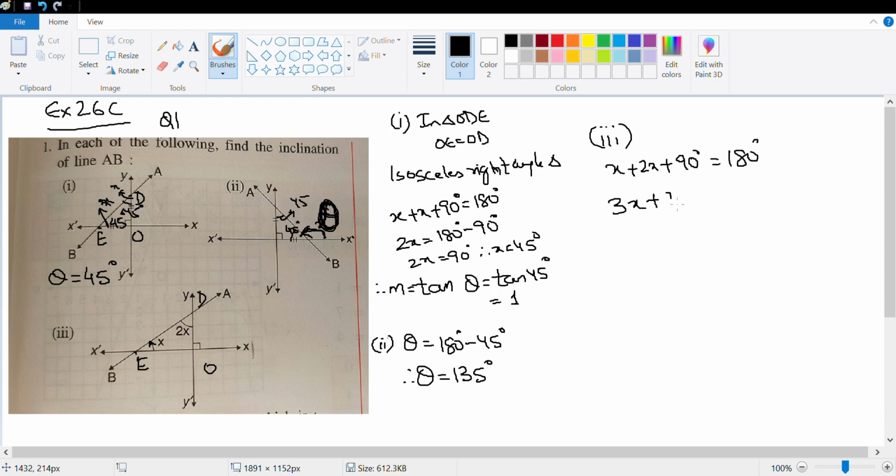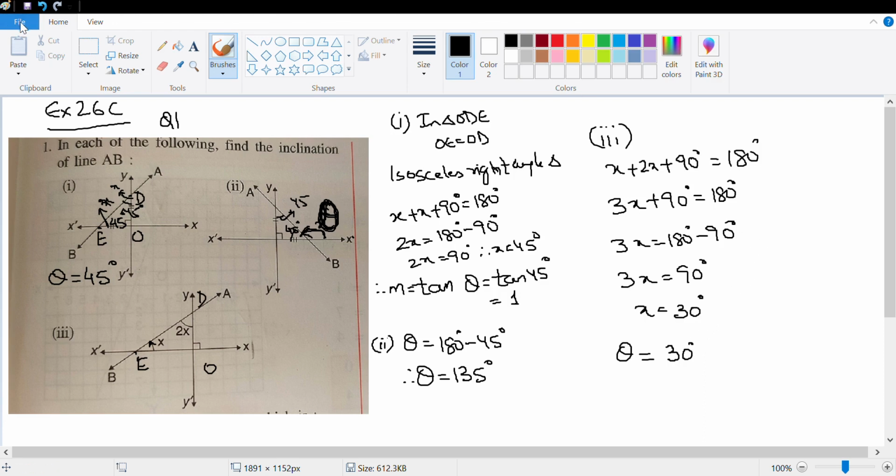So 3x plus 90 degrees is equal to 180 degrees, 3x is equal to 180 degrees minus 90 degrees, 3x is equal to 90 degrees, and x is equal to 30 degrees. So the inclination, which is theta, is equal to 30 degrees, since this is a positive slope. Perfect. Let's move on and solve the next question.